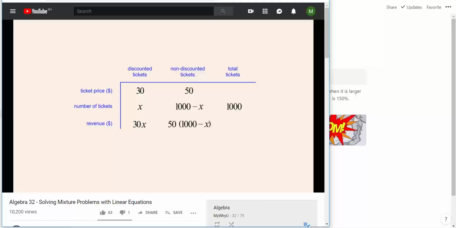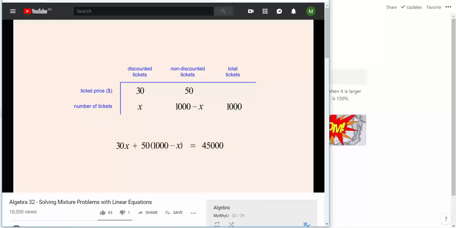Since the total revenue generated by both types of tickets must be $45,000, we can create an equation which says that the revenue from discounted tickets plus the revenue from non-discounted tickets is equal to $45,000.